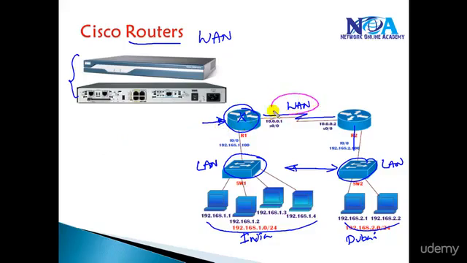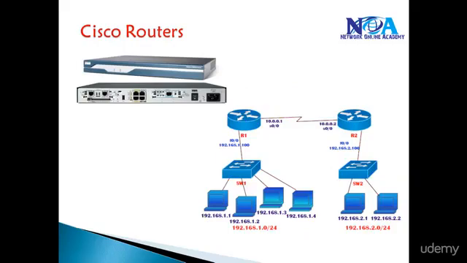Now a router is a device which provides a WAN connection where you can connect this device to the LAN as well as to a remote location called WAN. In simple words, if you want to set up your own WAN connections, or if you want to connect to a different location or a different LAN, we need a router. So a router is a device which provides WAN connections and connects 2 or more different LANs.